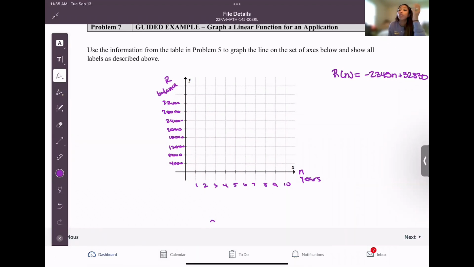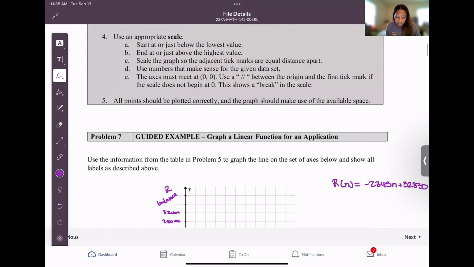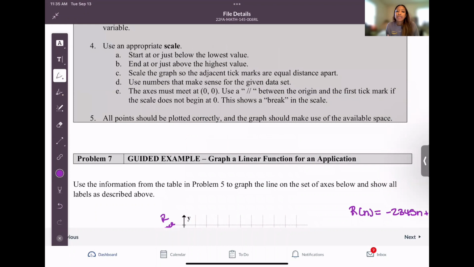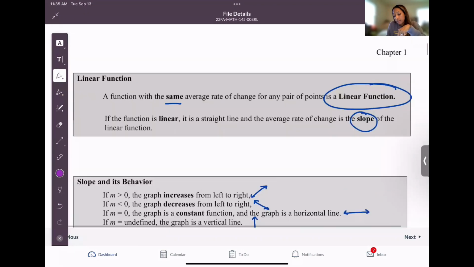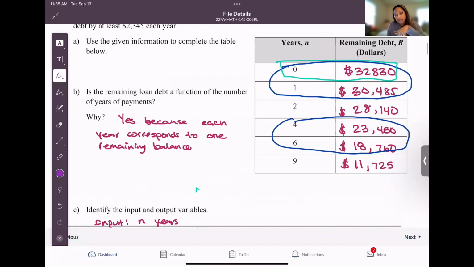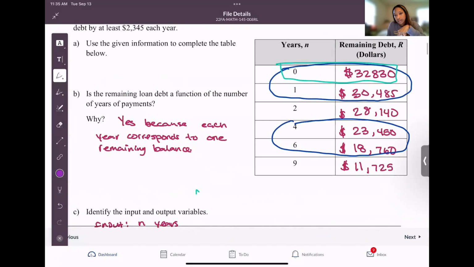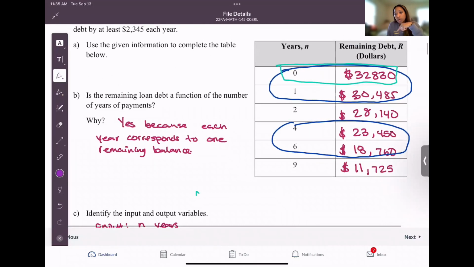Or maybe you don't want to go by 4,000s. I want to point out this one important thing that's here. Eventually it will go down to 0, but in our table, we are not given values that go all the way down to 0. So it might take us a while to get there. So between 0 and 9 for our input, we're going to go from 32,000 to about 11,000 for our outputs.